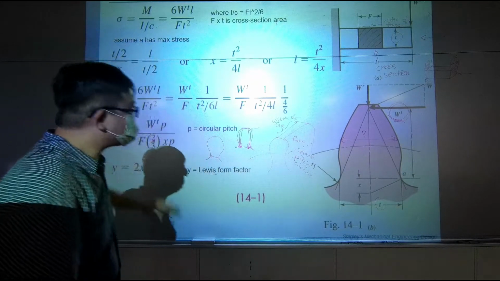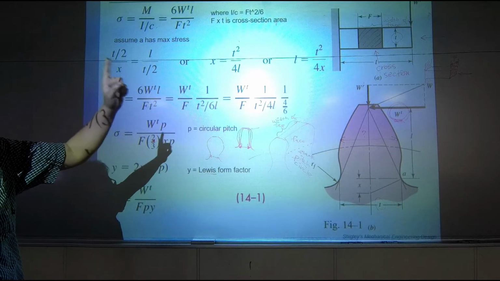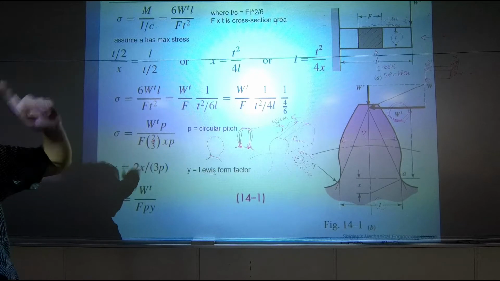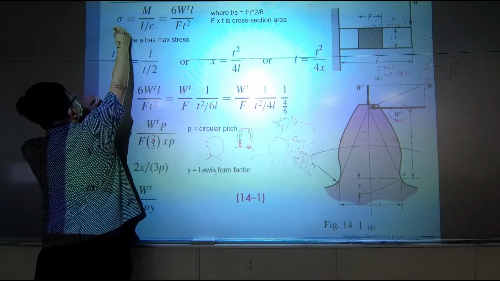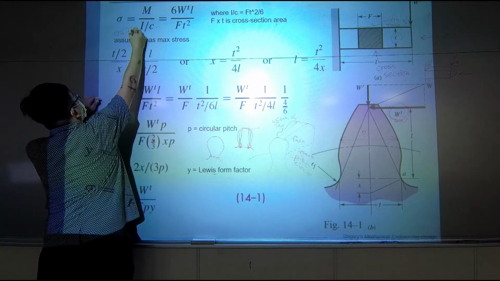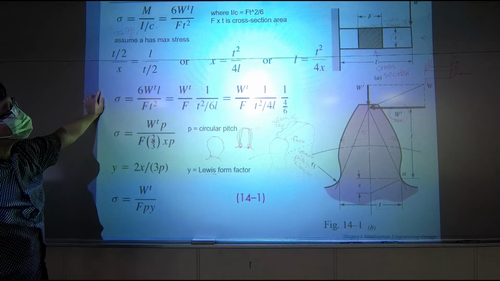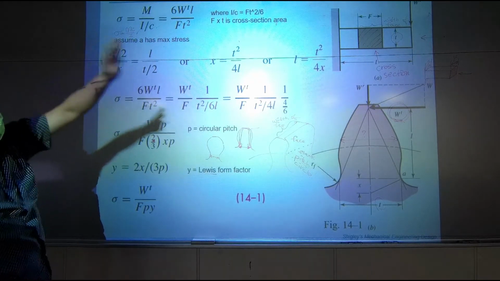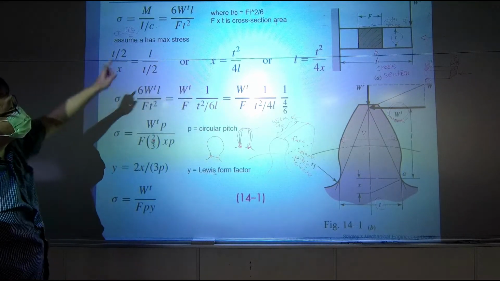Okay, so in the simplified model, only the transverse force is being analyzed. So there are a bunch of equations based on the analytical solution. This one basically is the MC over I, right? We already know this. They're using MC over I, but they just plug in all the parameters to get that equation.